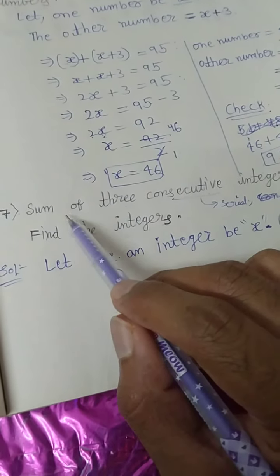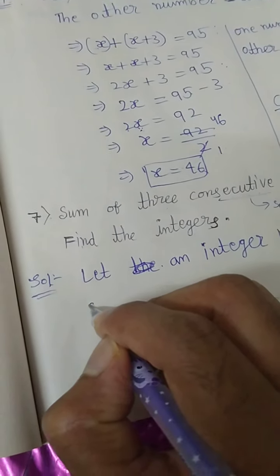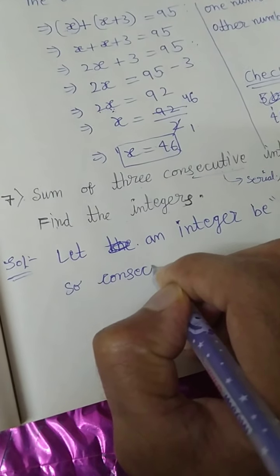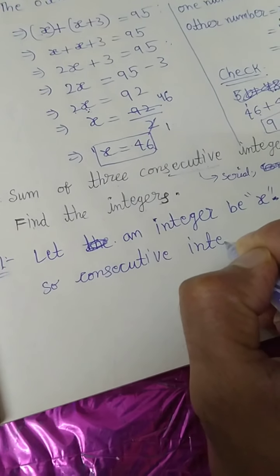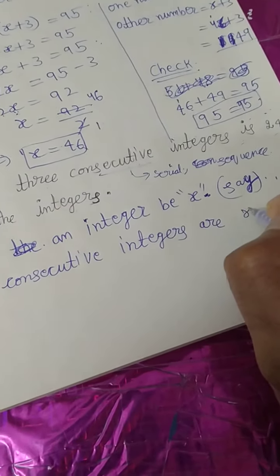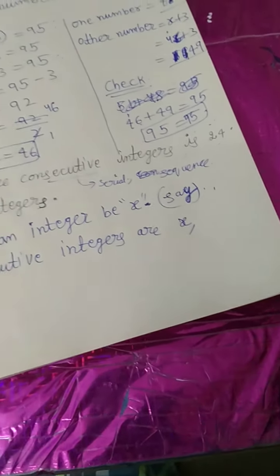So here what is the condition? Sum of three consecutive integers. The first one is x. If the first one is x, what is the next number?